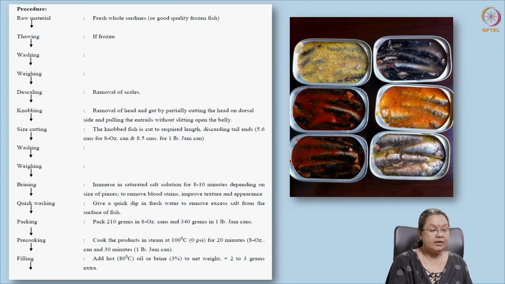So after nobbing, it is size cutting. It is reduced to the required size. So after nobbing, the fish is cut into small pieces, and I'll show you how it is done. This is the can. It needs to be filled. When you are filling the can, we give a headspace, and headspace is given to maintain the vacuum during canning.